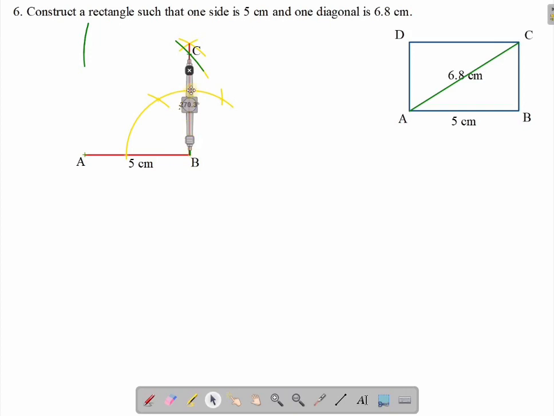So now we will keep the compass at A and cross this line. We'll keep the compass at this point and cross this line.